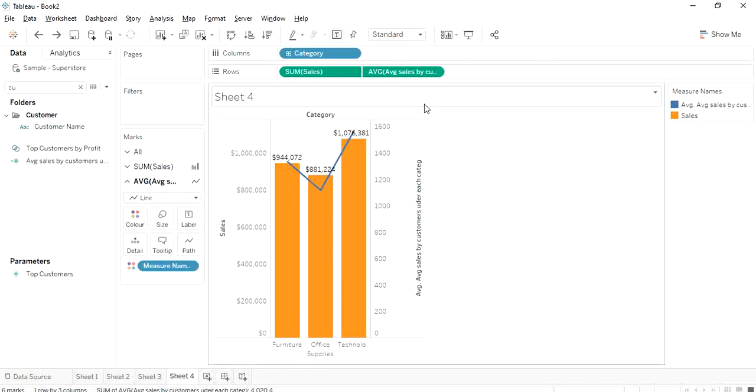So this is just an example where you probably need the include option. Suppose you want to calculate measures a different way, and in the measures you want to create a dual axis, and the second measure that you are creating also needs to take care of some extra dimensions.